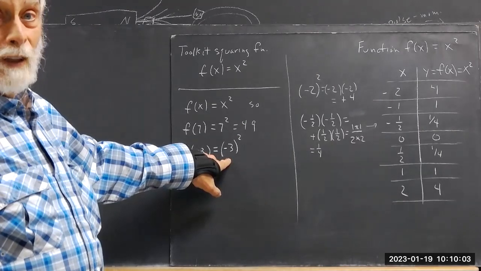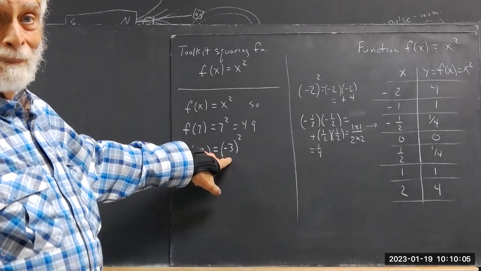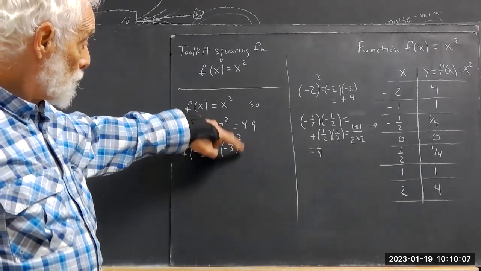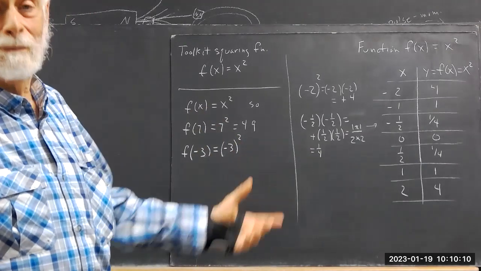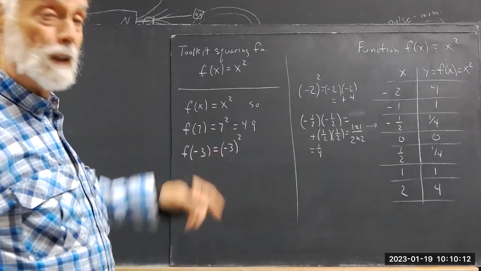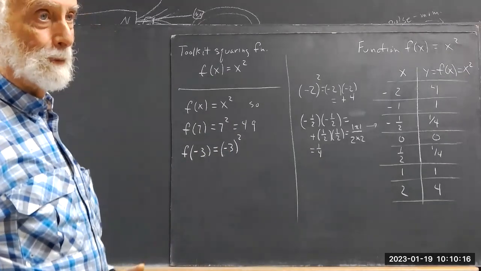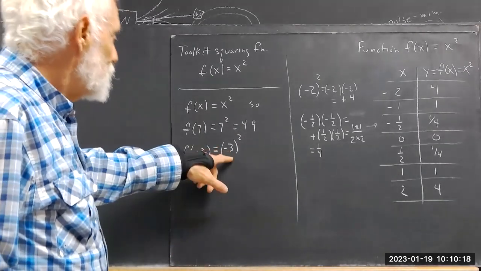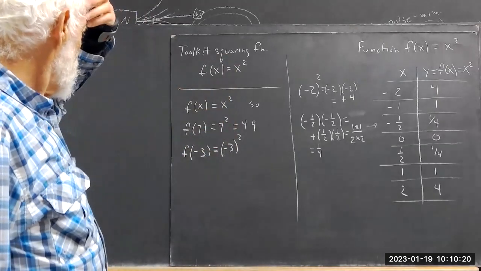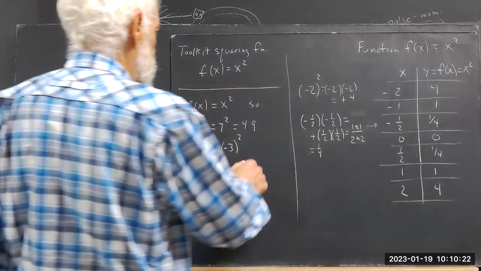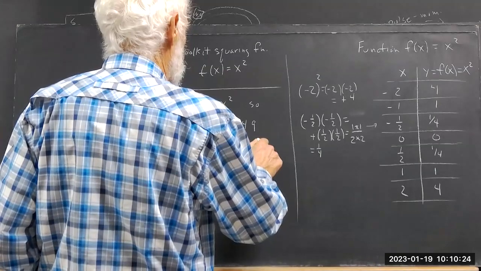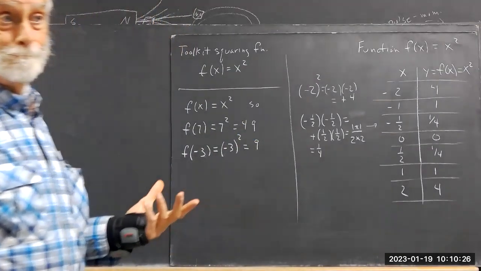And if there's a negative sign to the left of the number, and the square is on the number without the parentheses, then you're not squaring the negative. So you wouldn't have -3 times -3. Well, think about that a little bit, but in any case, in function notation, this is clearly then 9.